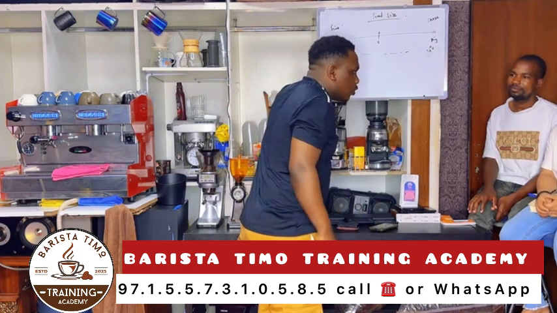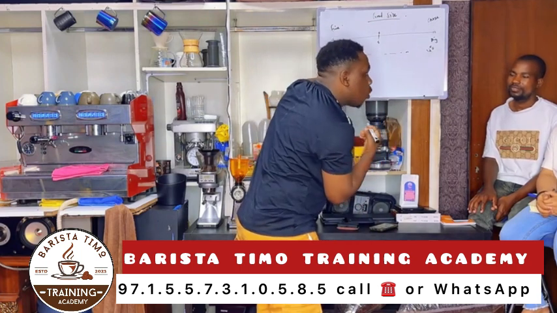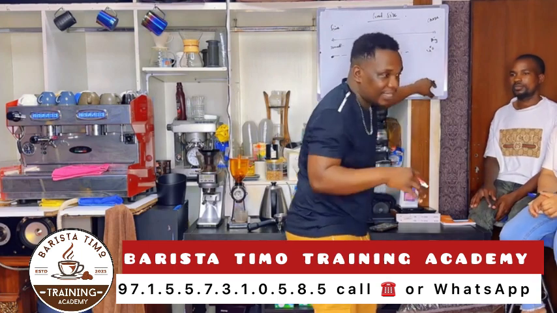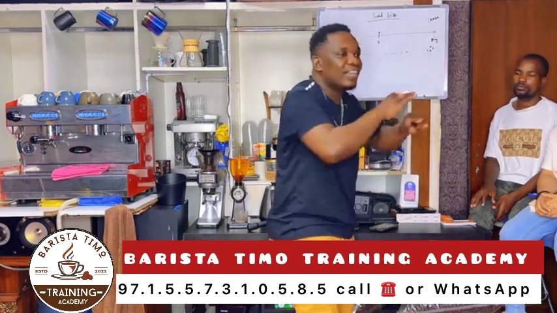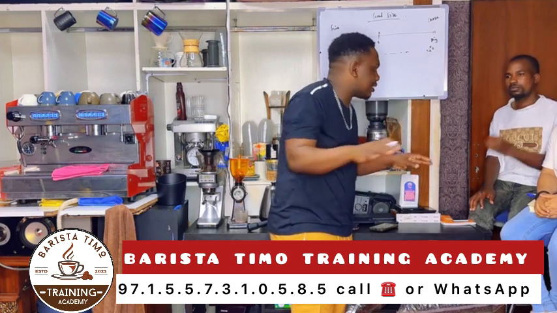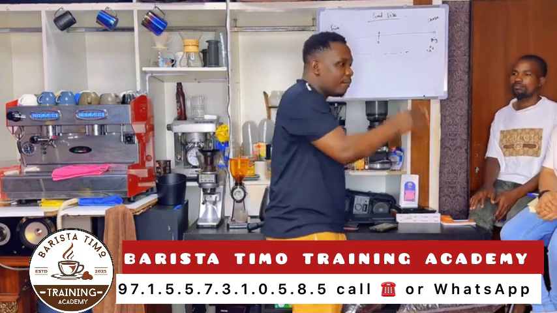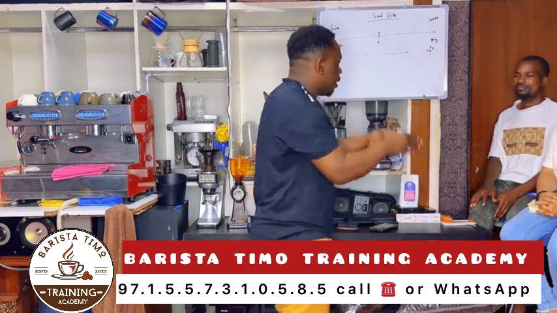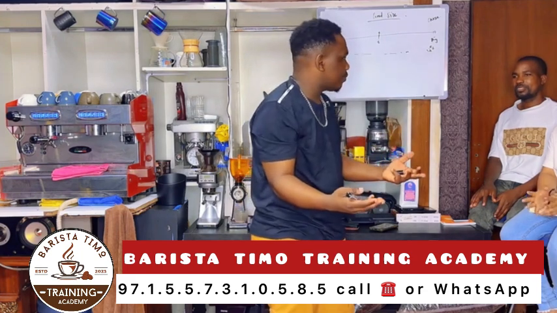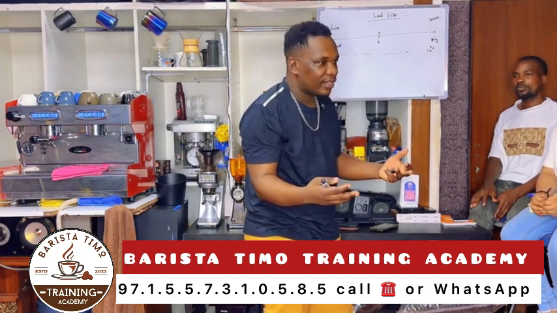Now we come to the standard basic theory of grinders. The smaller the particles, the slower the water flow. The bigger the particles, the faster the water flow. You don't need to be a genius. This is simple understanding. If I give you a bottle of stones and a bottle of cement, and we pour water, where will water pass fast? Through the stones. Why?